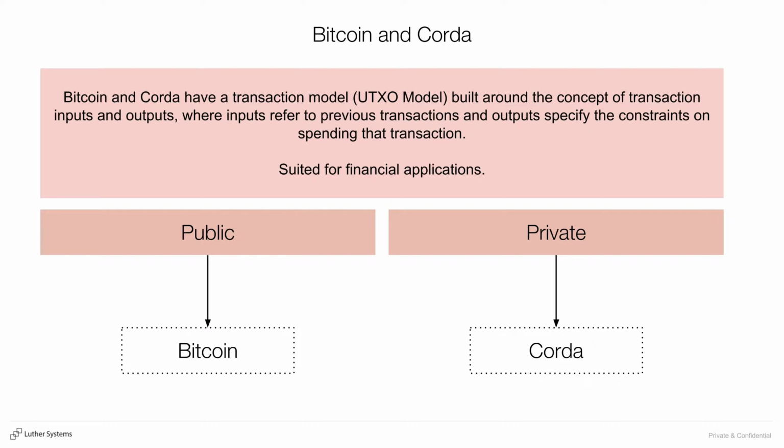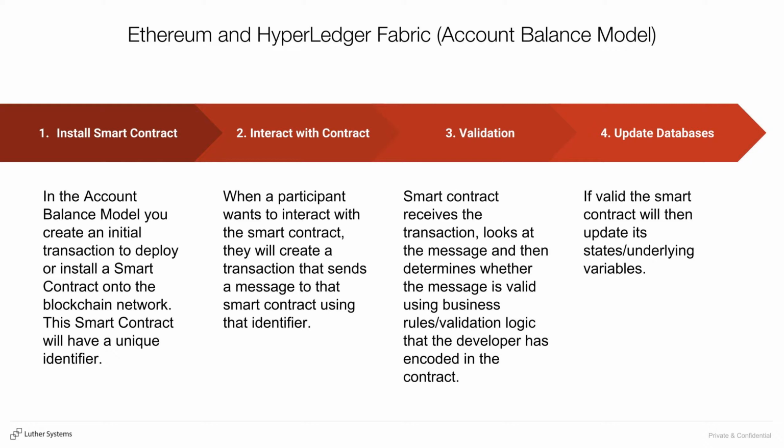And this is in contrast to the Ethereum model, which Hyperledger Fabric has also adopted, which is most commonly known as the account wallet or account balance model. So in the Ethereum model, you create an initial transaction to deploy, or install, if you will, a smart contract onto the blockchain network.